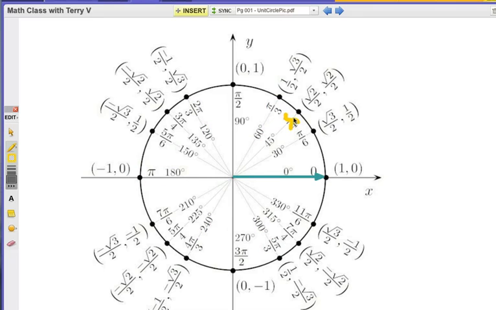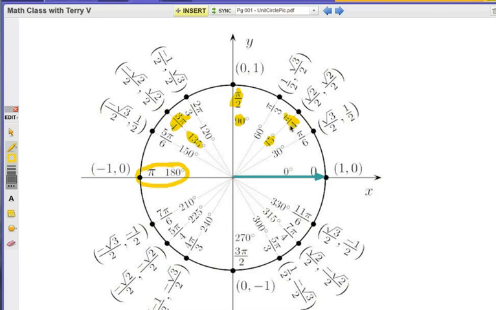Pi over 4, or 1/4 pi, is 45 degrees. Notice how we're going halfway up to 90 degrees. So pi over 4, pi over 2, which is 90 degrees, and then halfway again, which would be 3/4 pi, 135 degrees. And then we have our 1 pi, or 180 degrees.